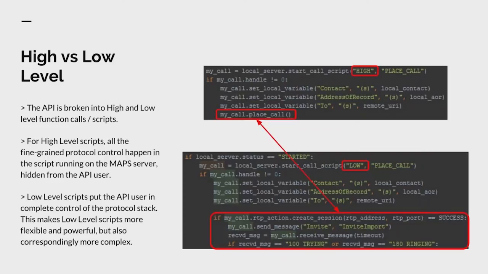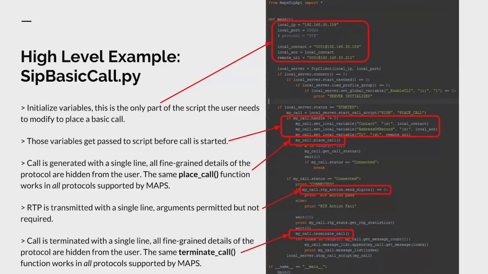You can do it here very easily. So instead of sending an invite to start a call, I could just send an arbitrary info or options or just any other message, doesn't matter, and see how the device reacts to something negative.